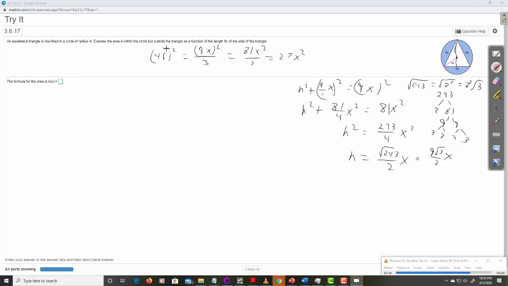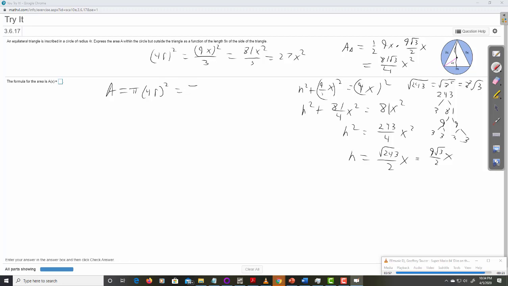Alright. And so the area of the triangle is 1/2 times 9x base times height, which is 9 square root of 3 over 2 x. So that is 9 times 9 is 81 square root of 3 over 4 x squared. Then area of the circle is pi times the radius squared, and remember in this case the radius is 4r. Still screws with me.